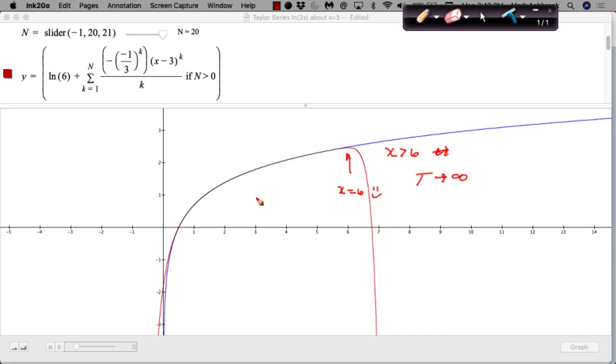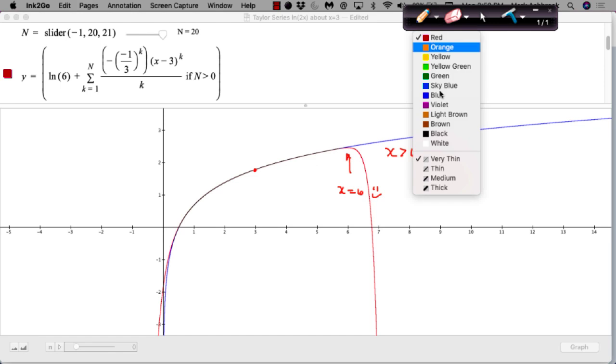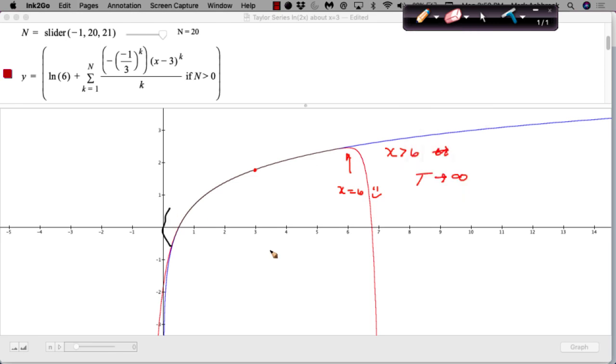Right now at 3, it's getting the function value right and 20 derivatives right. But as soon as you move away from 3, it's approximating the function better and better. You need all infinitely many terms to get the function exactly right in the interval of convergence. And what was it? From 0, not including 0, to 6, including 6. Any questions? Canvas quiz. One question.